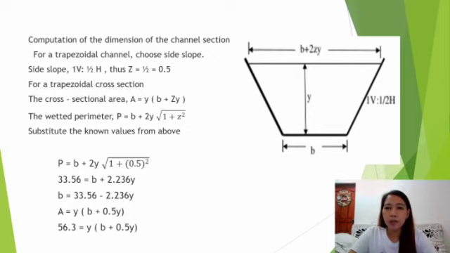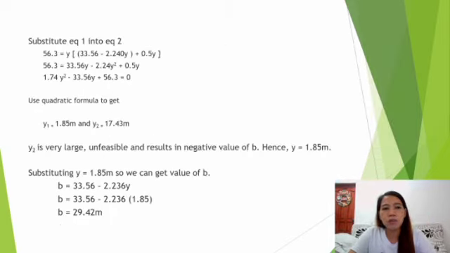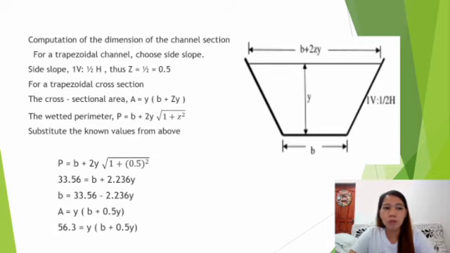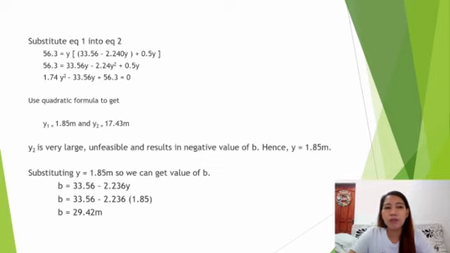For a trapezoidal channel, we choose a side slope of 1V to 1/2 H, thus Z equals 1/2. Using the equations for a trapezoidal cross-section for the area and for the wetted perimeter, we just need to substitute the values for the perimeter and for Z, so we can get two equations from the area and the wetted perimeter.